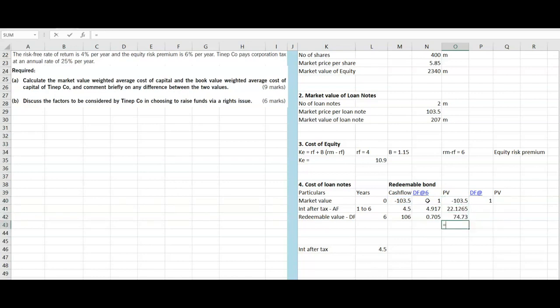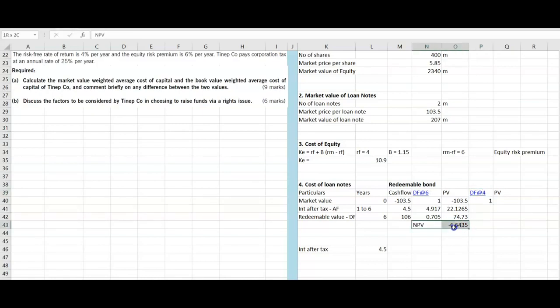Add all these numbers, you will get the NPV. As the NPV is negative here at 6%, we have to make it positive or zero. So what we'll do is take a lower number than 6. We'll take 4 and do it.